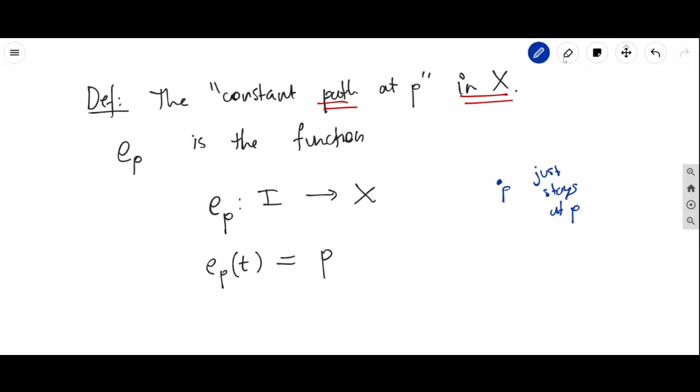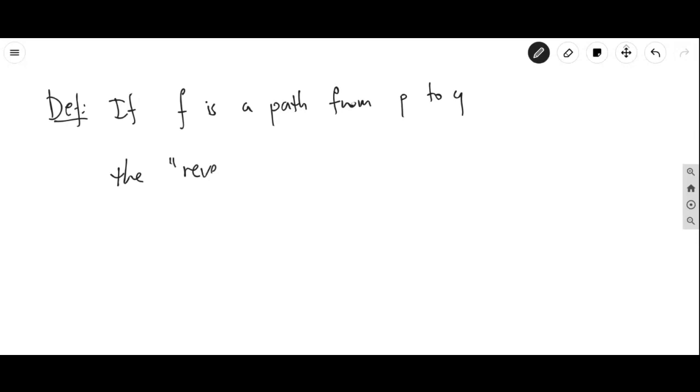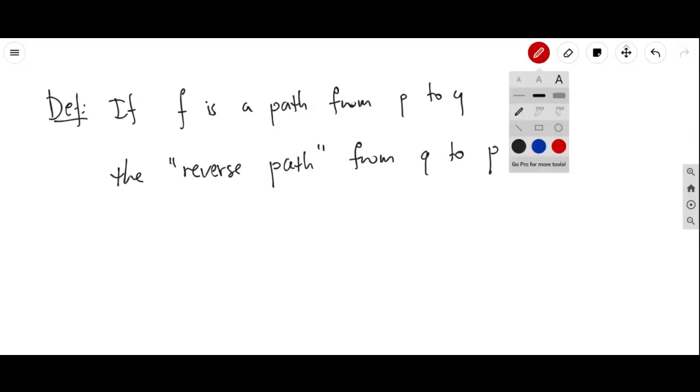And there's also something called the reverse path. So let's take this down. So here's a definition. So if f is a path from P to Q, the reverse path from Q to P, and the notation that we use is we can put a bar over it, the reverse path.